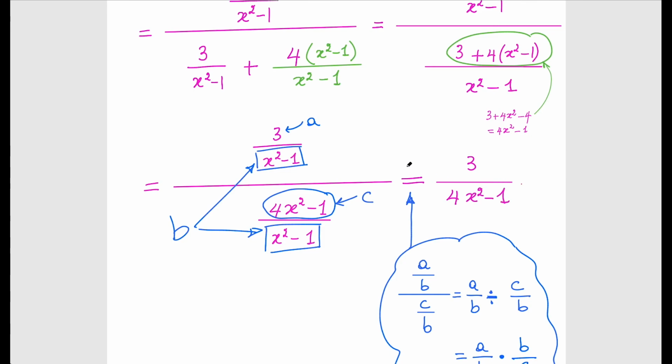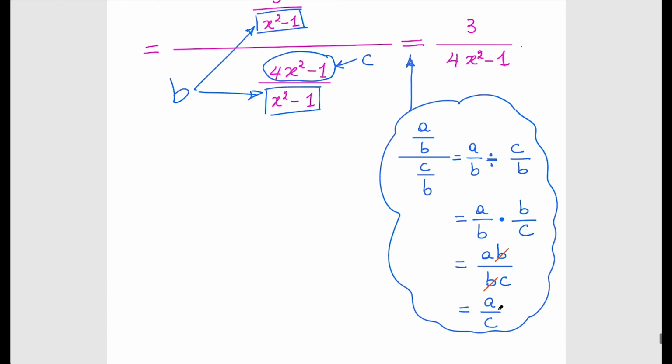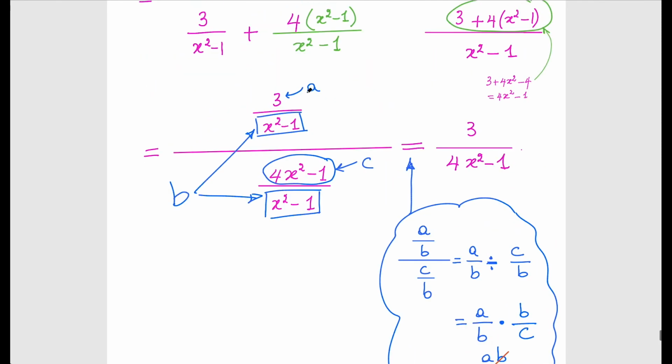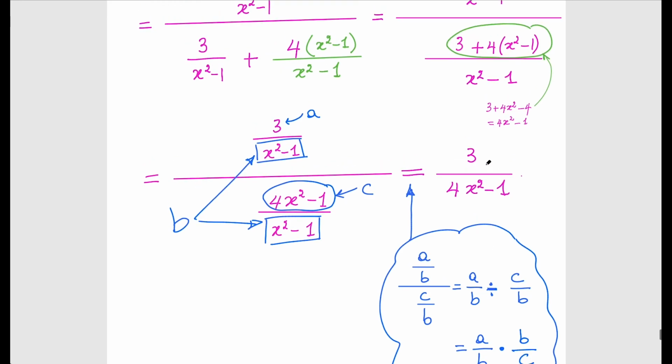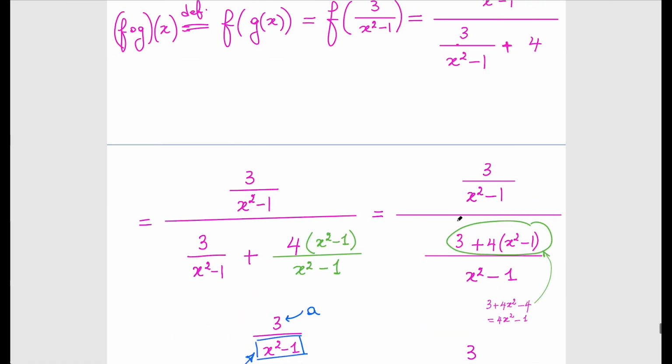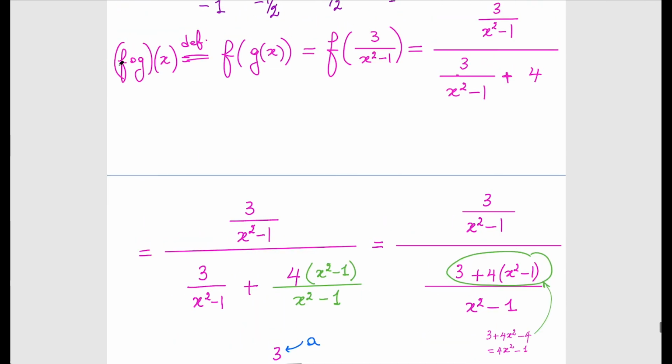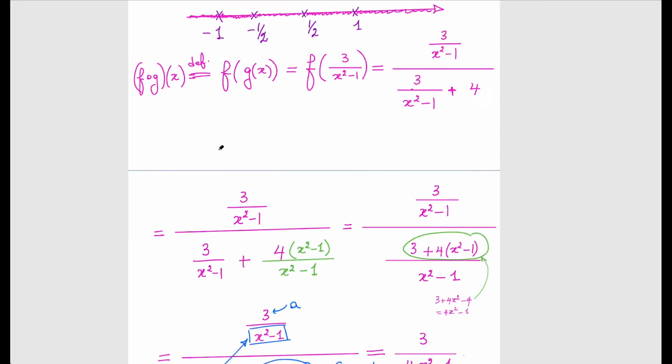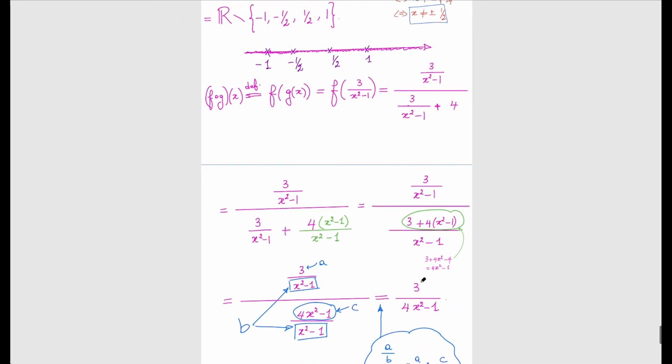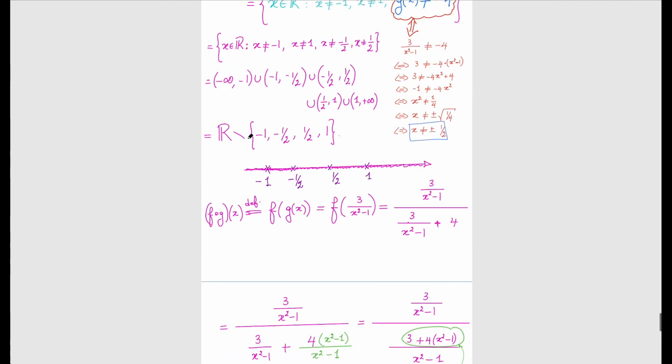Makes sense? As we just found here, it's A over C at the end. So what is this? That's the recipe of the output of the composite function f composed with g if you plug in an x. And what's the domain of this function? The domain of this function is the thing that we just found above. All real numbers except those 4 guys. Correct?